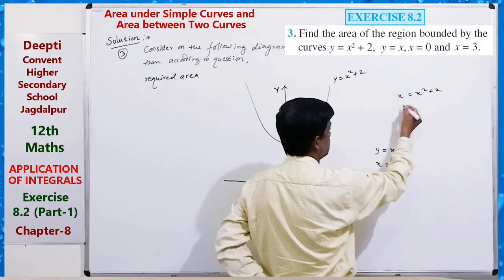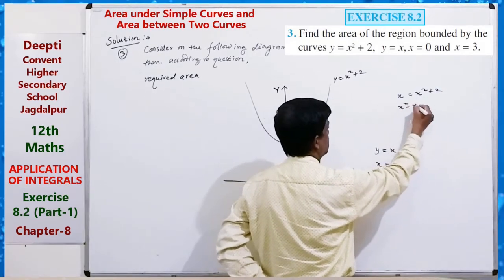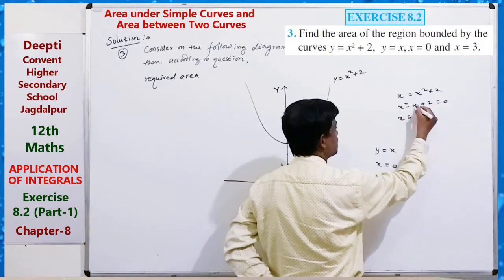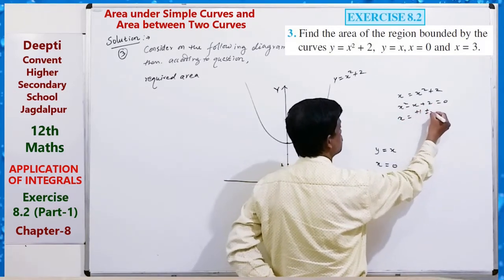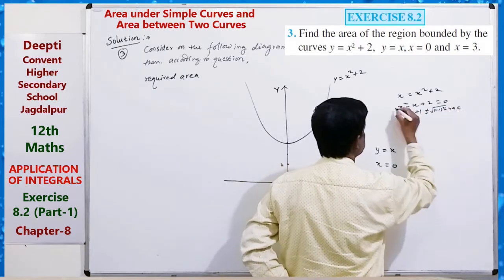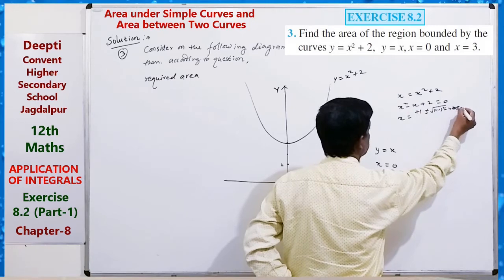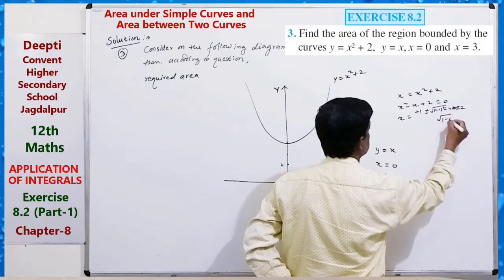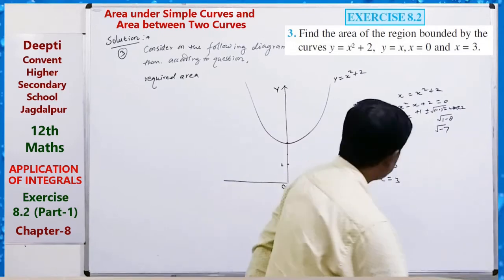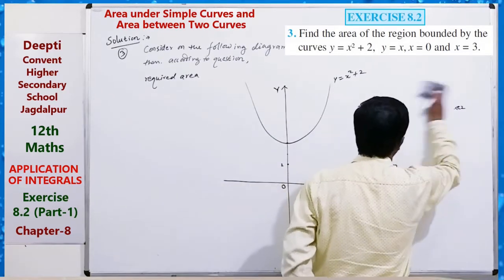So x square minus x plus 2 equals 0. X equals minus b plus or minus root of b square minus 4ac. Here ac is 1 into 2, which is 2, so 4ac is 8, and 1 minus 8 gives root over minus 7, imaginary roots. So there is no intersection of these two curves.